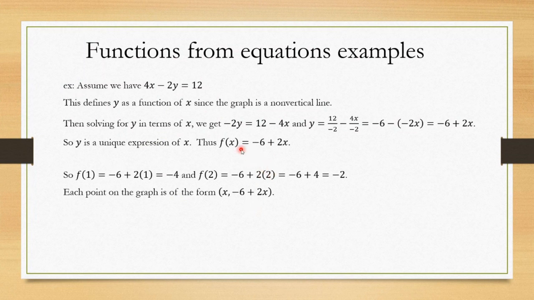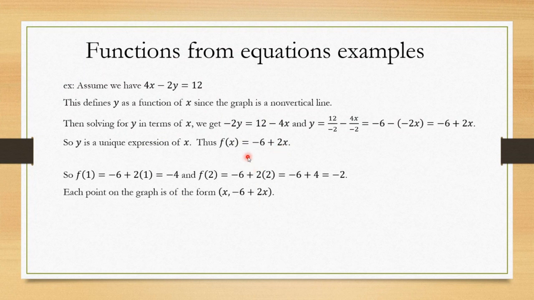Namely, we have this. This is telling us that to get your output from your input, you take your x, multiply it by 2, and add -6. So that's what we have here as our function.